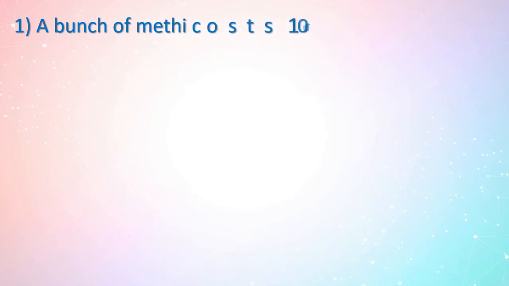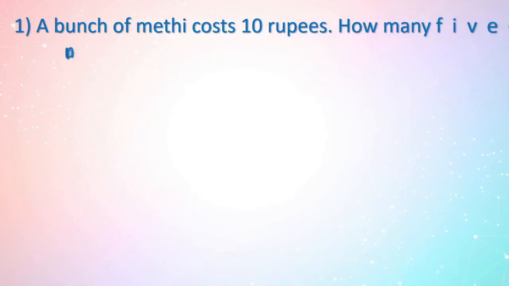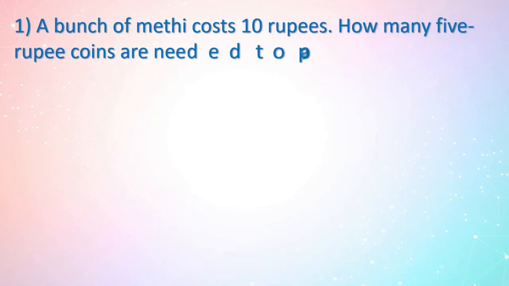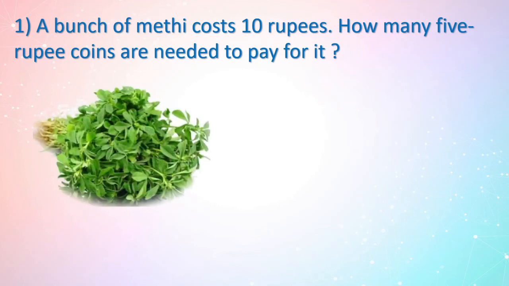Now here, a bunch of methi costs rupees 10. How many 5 rupee coins are needed to pay for it? That boy has only 5 rupee coins. And the methi bunch costs 10 rupees. Okay.